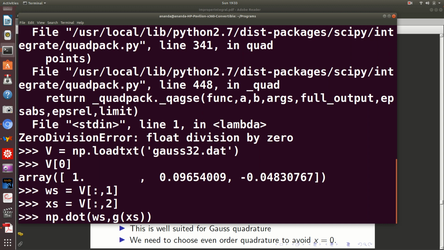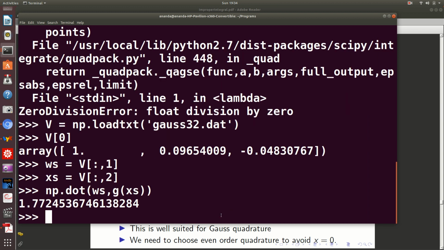This exactly is how you calculate, using Gauss quadrature, the integral of the function g from minus 1 to plus 1. If you do not remember this, please look up the video that I had made on Gauss quadrature before, and this is the value you are getting.